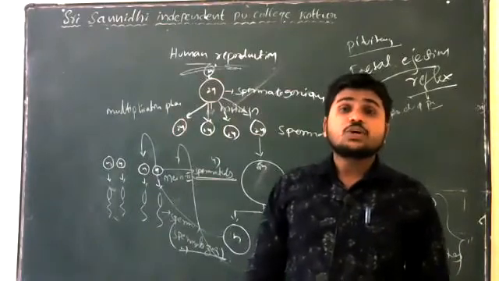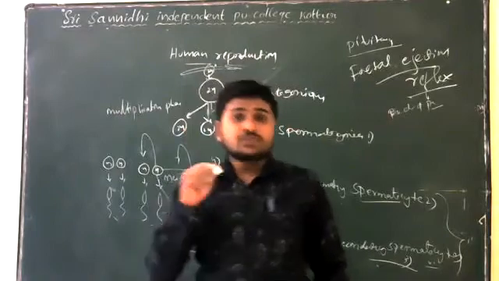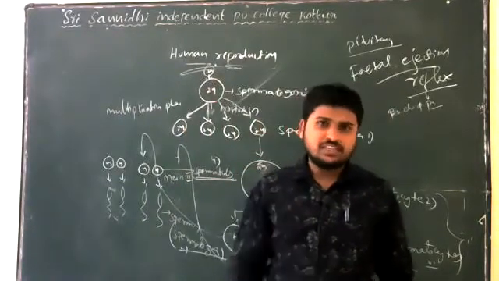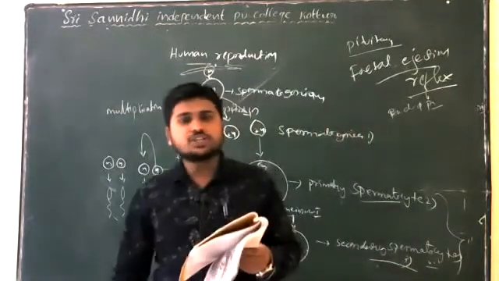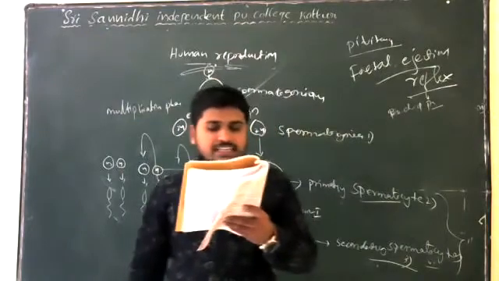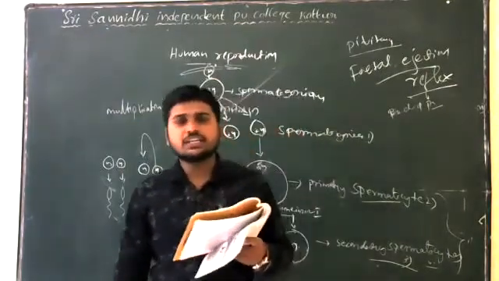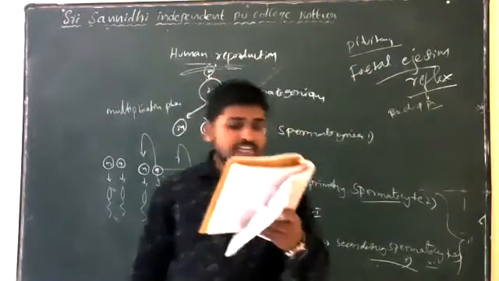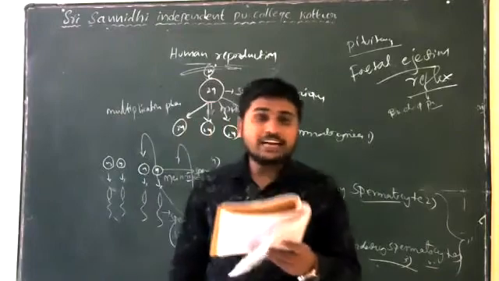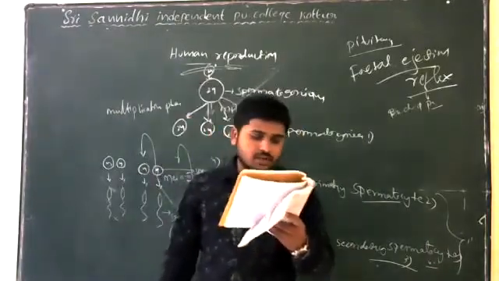Placenta secretes human chorionic gonadotropin, human placental lactogen, progesterone, and estrogen during pregnancy. Not oxytocin. That's why this is not the function of placenta. Next, facilitates supply of oxygen and nutrients to the embryo. That is correct. Secretes estrogen, that is also correct. So the second one, secretes oxytocin during parturition, is the answer.